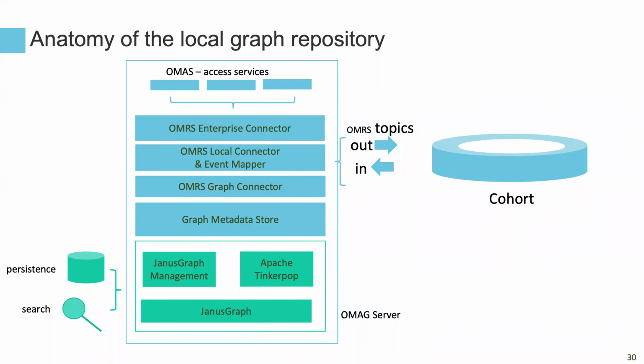It's the graph metadata store, which is what actually maps from our metadata collection API to the Janus Graph APIs. And then in the green here, this is non-Egeria code. This is basically all Janus Graph. So we've got the Janus Graph core engine and Janus Graph management component, which is how we do schemas and create indexes, etc. And we also have the Apache Tinkerpop interface.